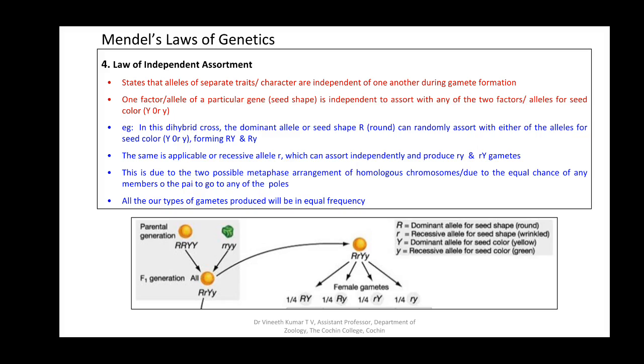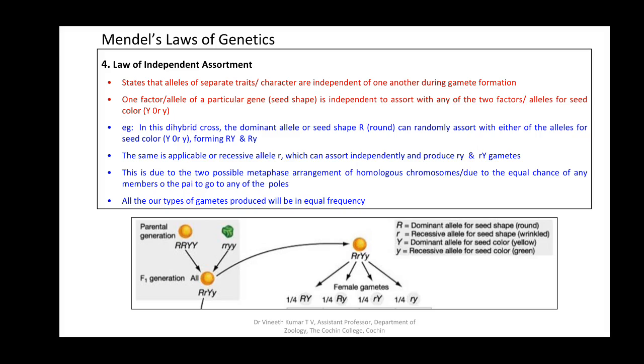It states that the alleles of separate traits or characters... separate traits means it might be a dihybrid cross where we have two different characters or traits, and you have two different alleles for that. So in such a case, what independent assortment says is that these alleles of separate traits or characters are independent of one another during gamete formation.